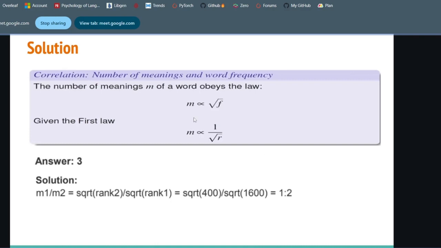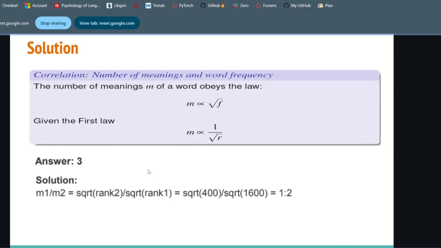Now we already know that frequency and rank are inversely related. We plug that in and we get that m is proportional to 1 by root r. So now they share an inverse proportional relation. Because in our problem, rank is given and we are asked for the ratio of the meanings, we needed this form.